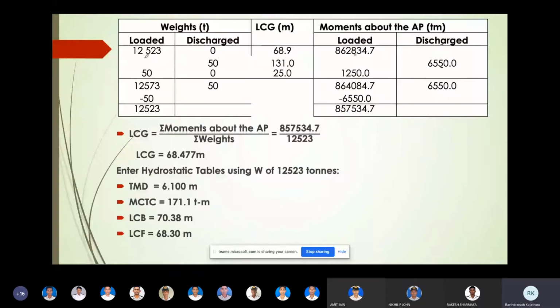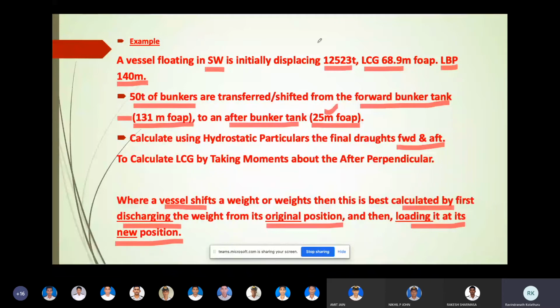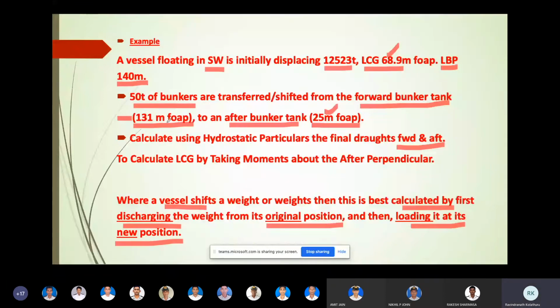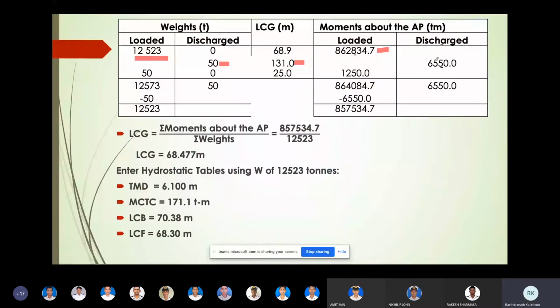So here again we will take the ship's initial displacement 12523, LCG is given, so we will get the moments. As I said, first we will discharge the cargo at this point, LCG 131. So I will write this in the discharge moments.